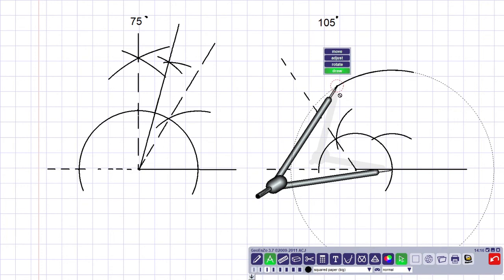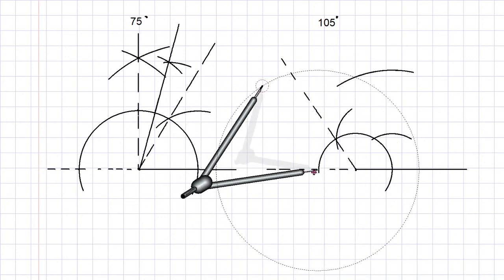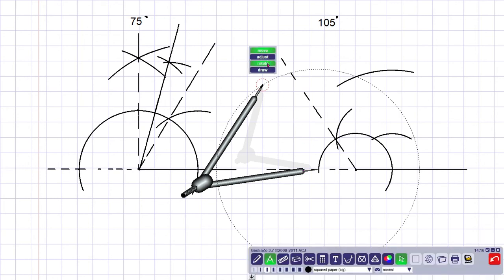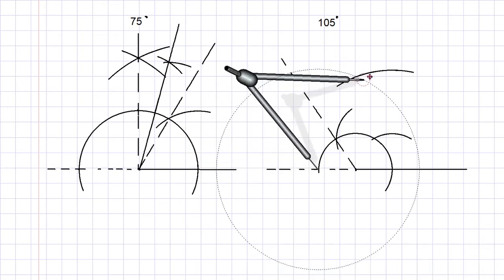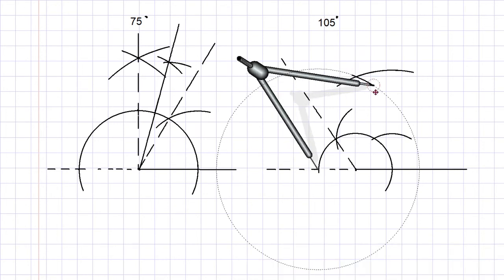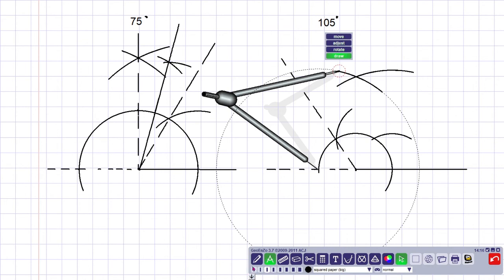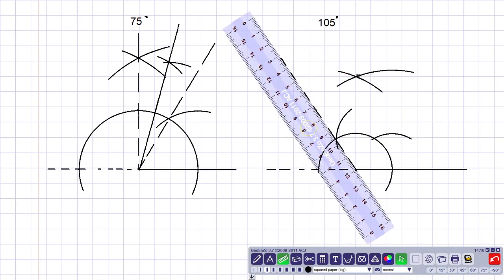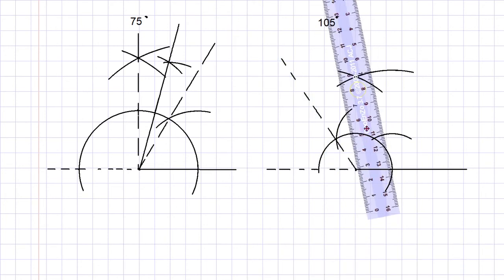Now without changing this distance, place the compass here and cross the previous arc. Now take the ruler and join this point and this point, that is 90 degrees.